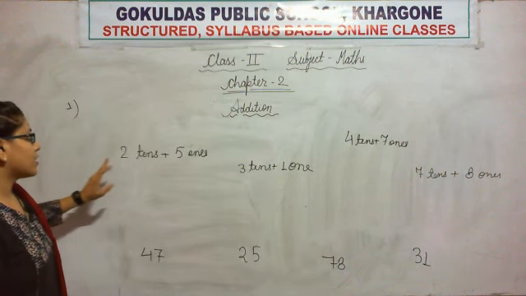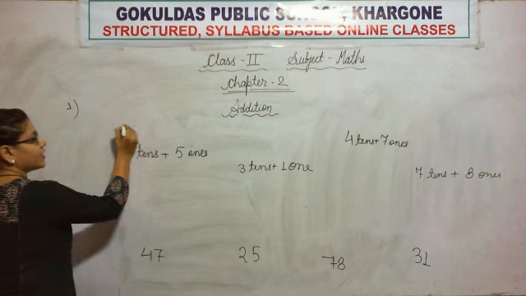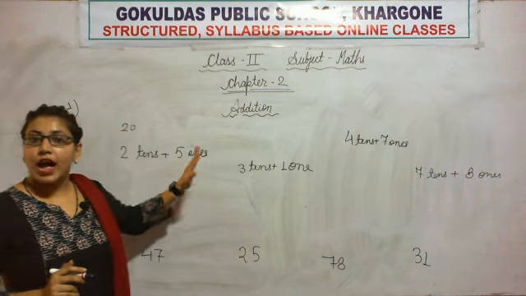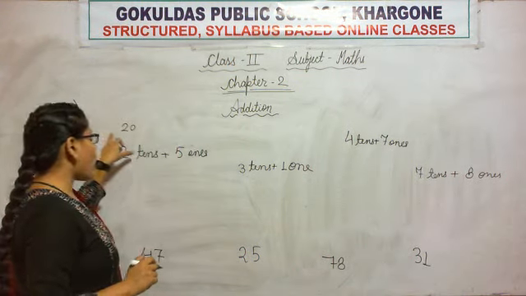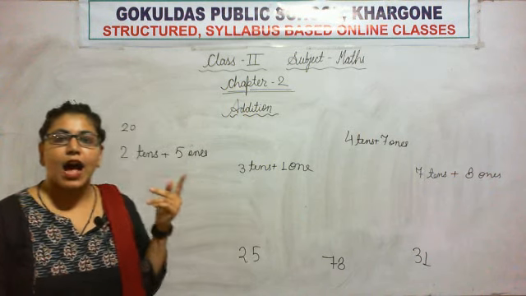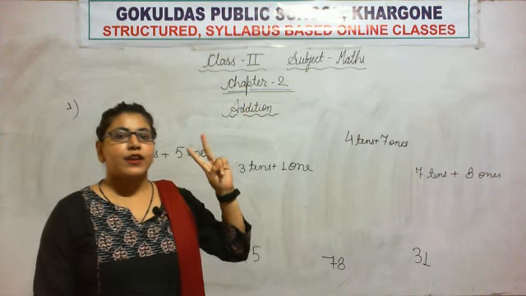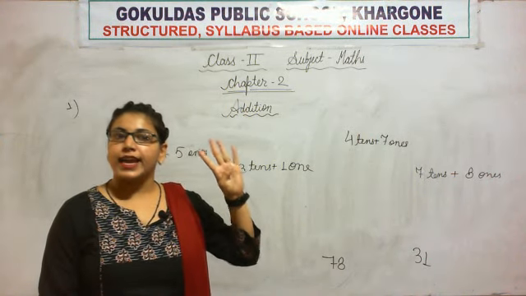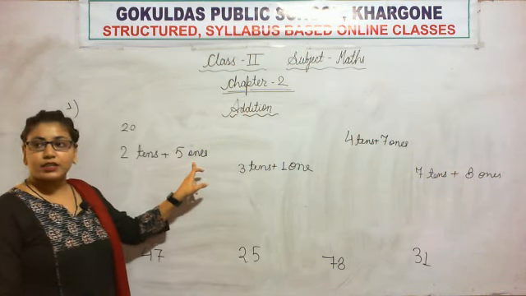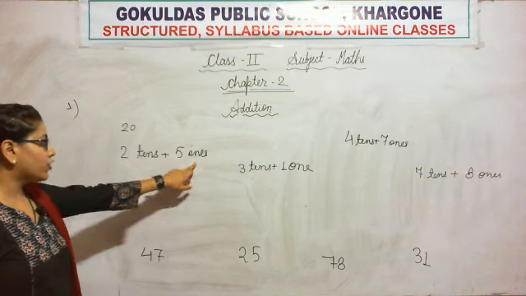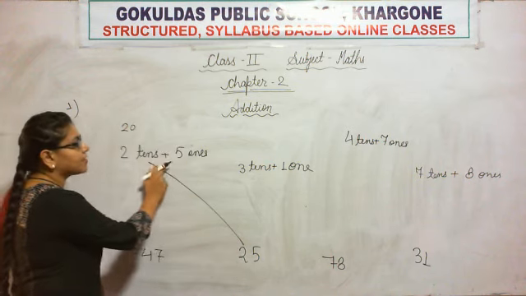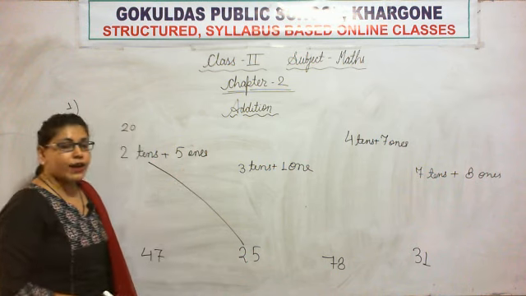2 tens means 20. Very good. And 5 ones. So we will count 5: 21, 22, 23, 24 and 25. So its solution is 25. Where is 25 written? Here. So we will match 2 tens plus 5 ones with 25.